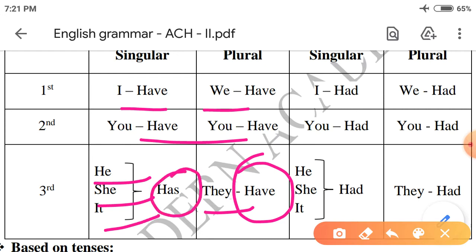And in the past tense, whatever the subject may be, singular or plural, everywhere we have to use had. Okay, so what are the three forms in have form verbs? Has, have, had. Where we have to use has and have in the present tense, where we have to use had in the past tense.